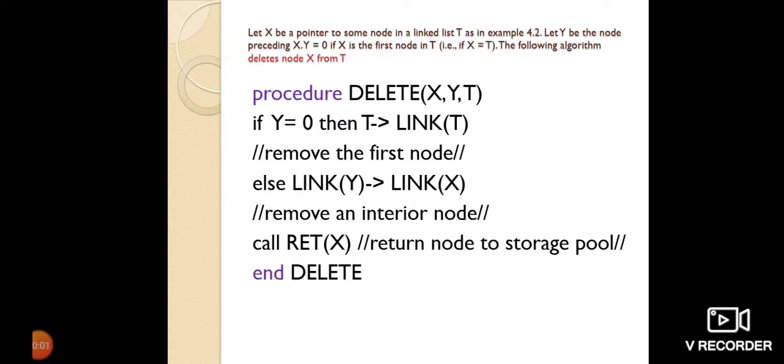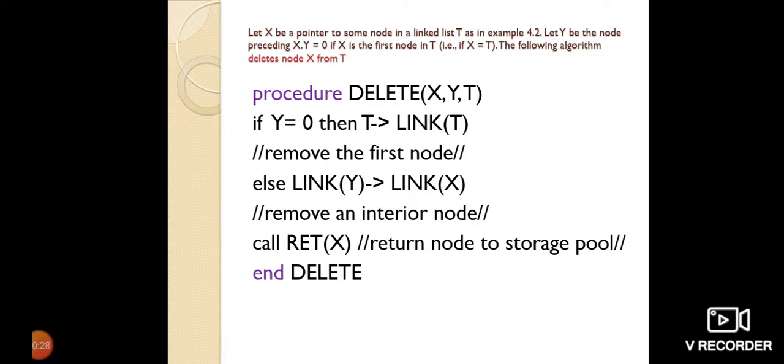Okay, then delete. Delete is actually, suppose you want to delete the first node, first the condition y is equal to 0. You're having delete of x, you're having x, y, and t. The x is actually a pointer, and you're going to delete one node, the first node, or you're going to delete any interior node.